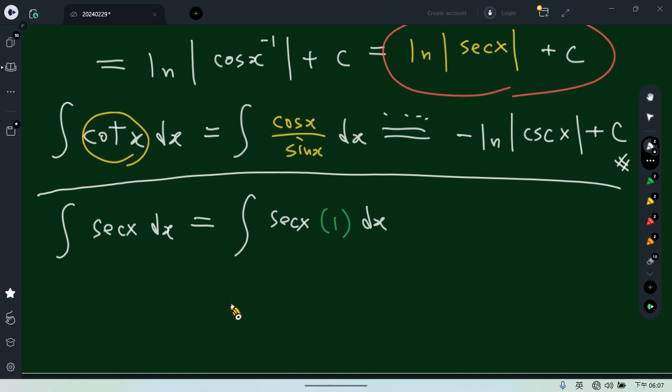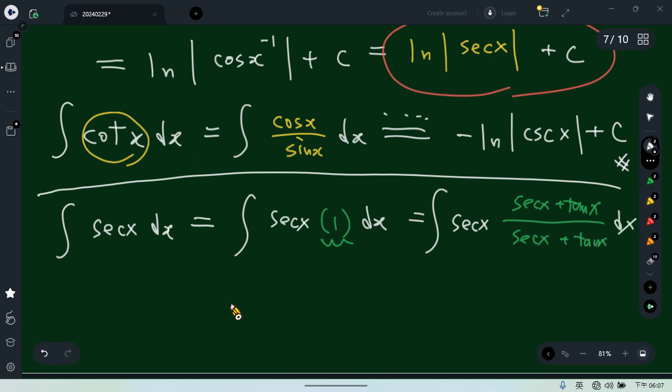So far, no problem. But you need to let this 1 become secant x plus tangent x over secant x plus tangent x. If you haven't done it before, it's hard to imagine that 1 should be converted as secant x plus tangent x over secant x plus tangent x. If you didn't do that before, I don't think you will find a way to convert 1 to this.